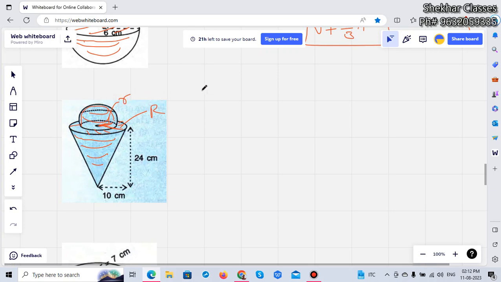So the curved surface area of the hemisphere will be 2 pi r square, right? Fine.